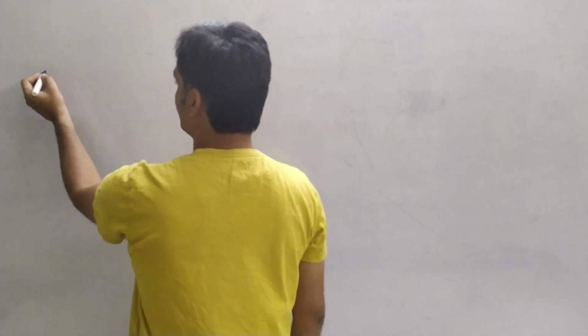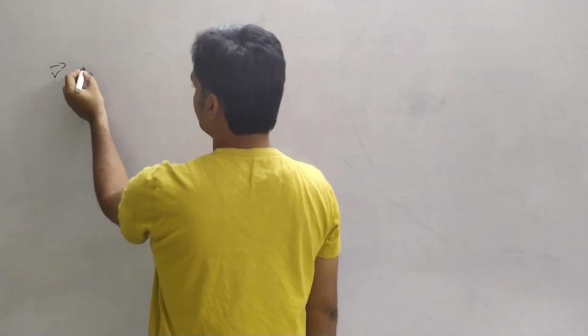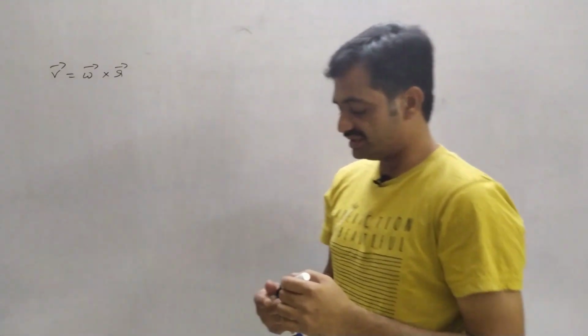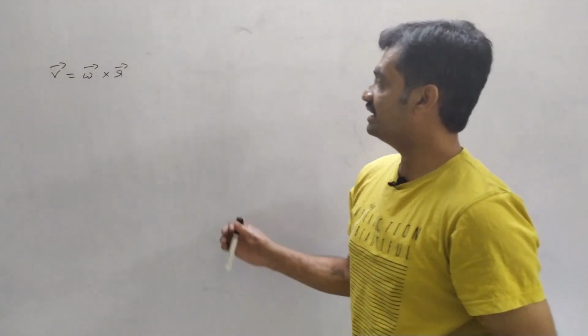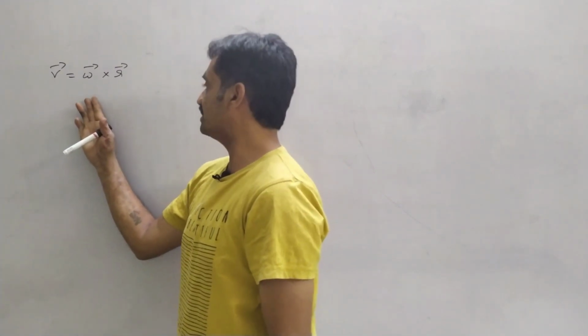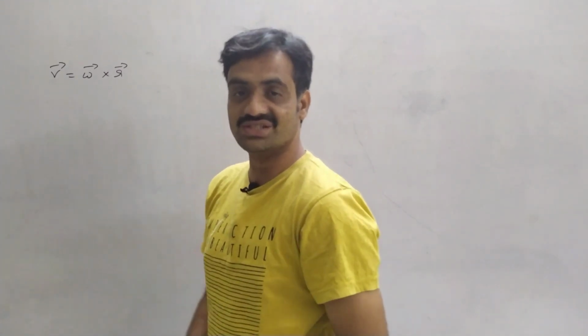Now we are going to represent the acceleration in terms of radial acceleration as well as tangential acceleration by using the equation v bar equals omega bar cross r bar. So based on this equation we have to find the relation for radial acceleration as well as tangential acceleration.